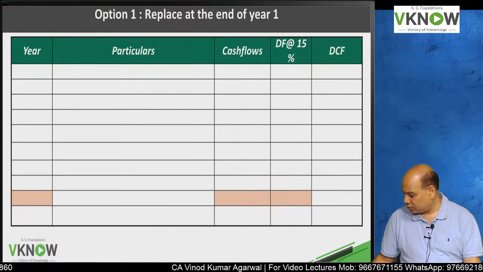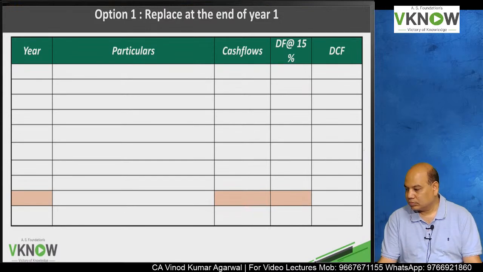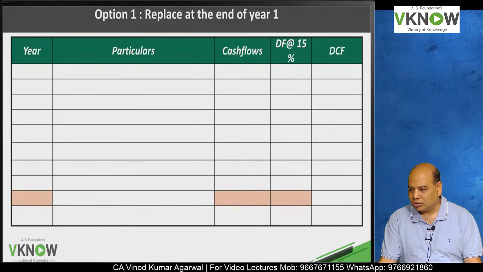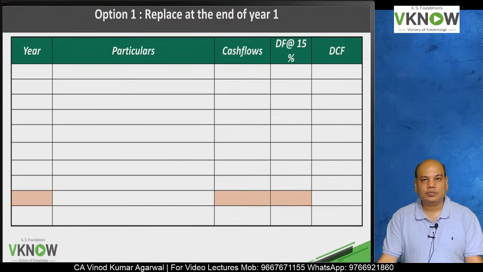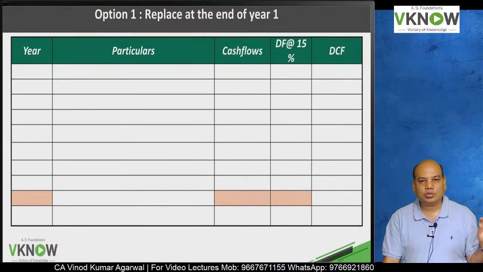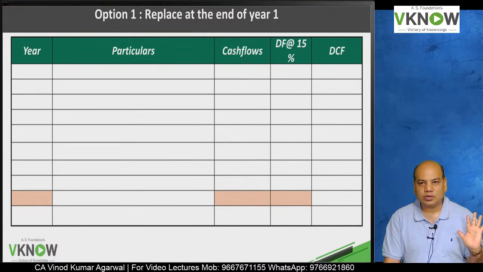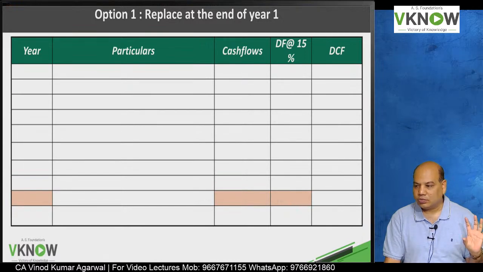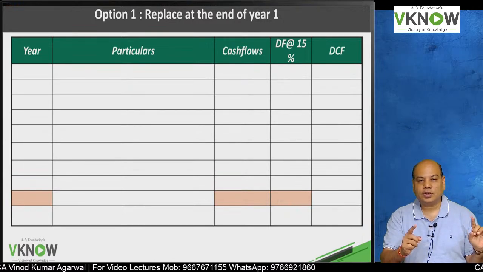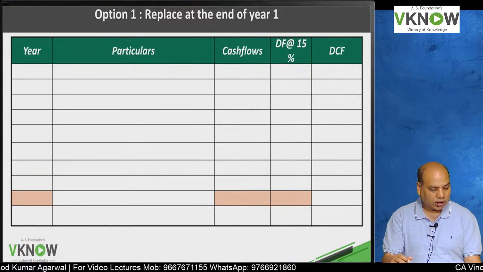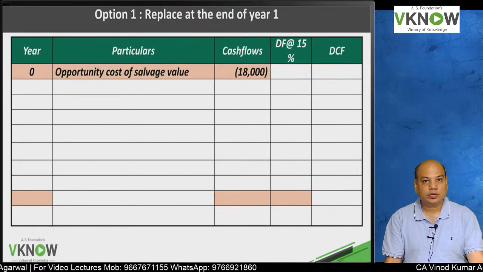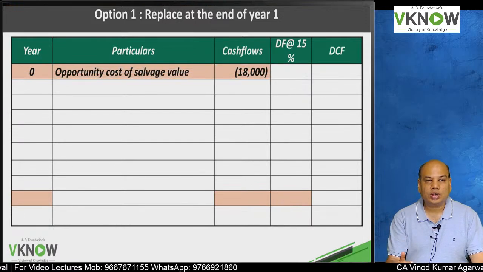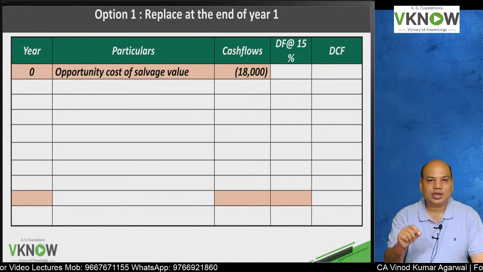I am going to compute EAC if we replace at the end of year 1, which means I want to continue up to year 1. So if I don't sell it now, I have an opportunity cost of 18,000 rupees. Continuing with the old asset means not selling it now.